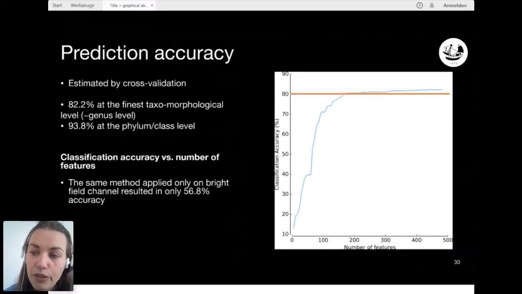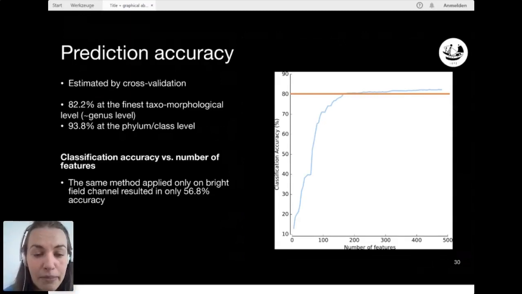To further evaluate the value of these 480 features we use, we also computed a classification accuracy from reduced numbers of features. You can see this here. And interestingly, the accuracy improves a lot until around 200 features, and then continues to improve slowly until around 400 features.